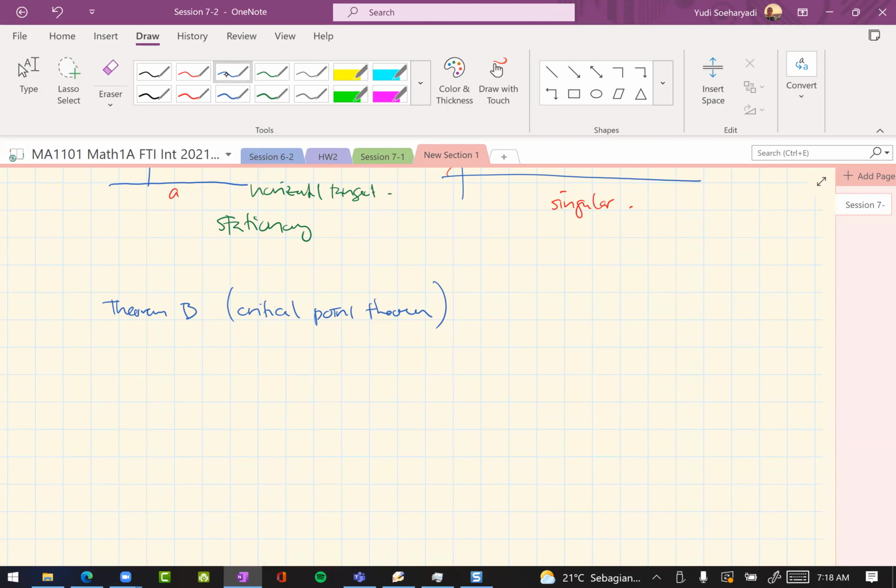So to find the extrema of a function f on an interval I, what we need to do is find all critical points.